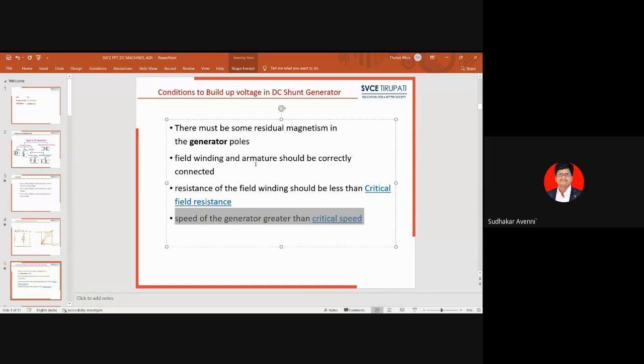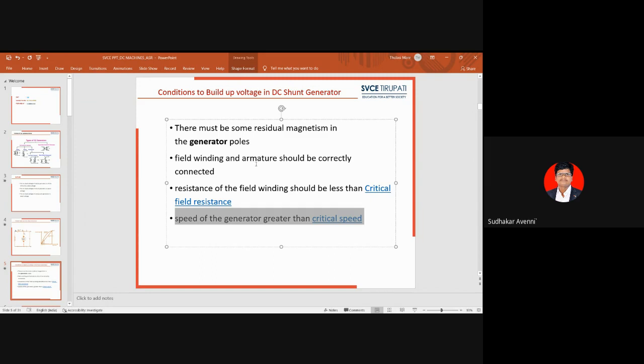What are the conditions required to build up the voltage in a DC shunt generator? There must be residual flux in the magnetic poles, that is the generator poles, and the field winding and armature windings must be properly connected. The resistance of the shunt field winding must be less than the critical field resistance. The speed of the generator must be greater than the critical speed.